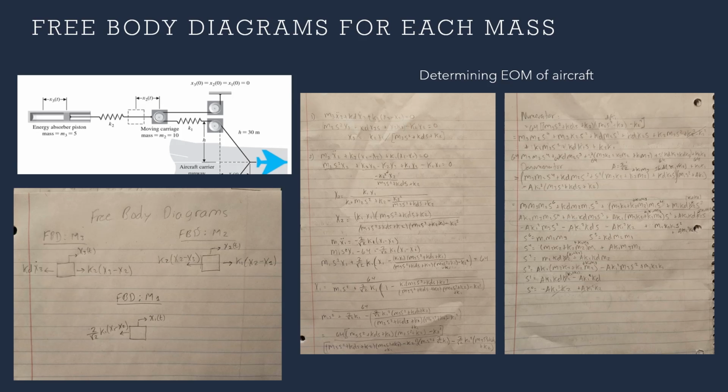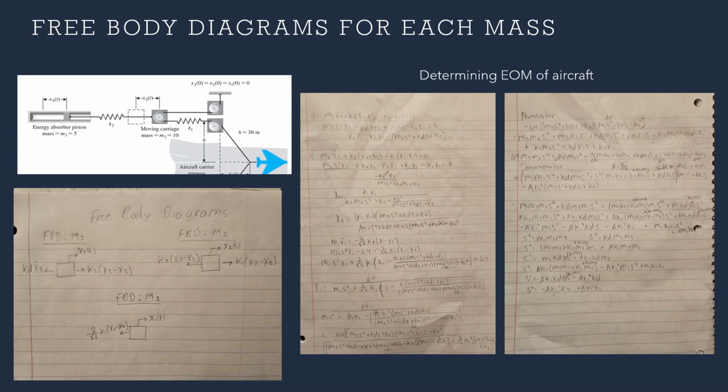Now, from these free body diagrams, we can determine the equation of motion for each mass. First, the first mass is seen in equation 1, where we write out the equation of motion for that mass, take a little pause, and then solve for x3.